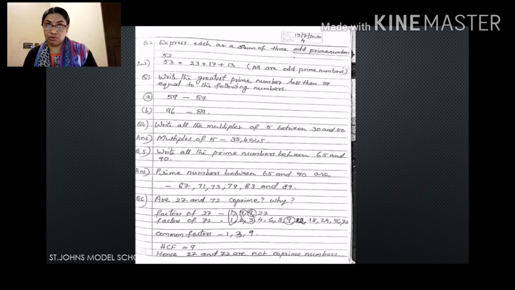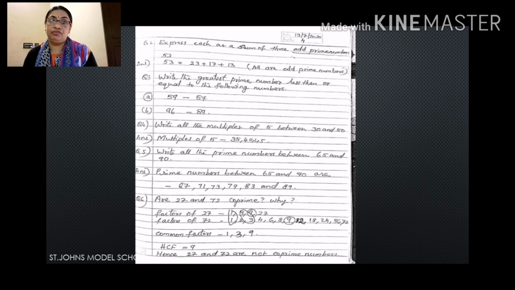Okay, write all the prime numbers between 65 and 90. You need to find the prime numbers only between 65 and 90. A table is given in your textbook. Go through that table. It is called sieve of Eratosthenes.